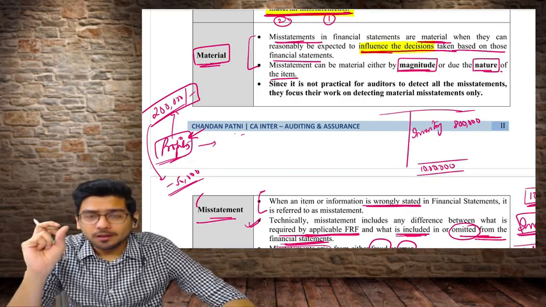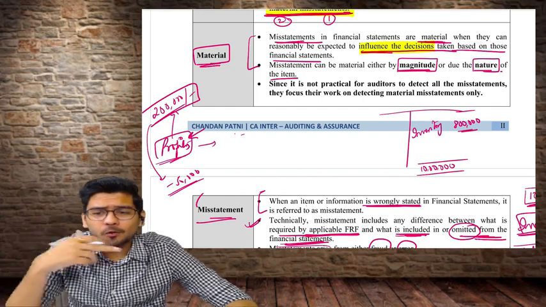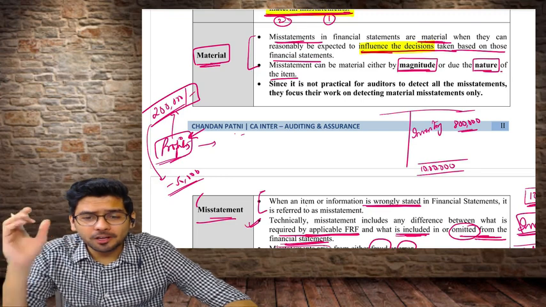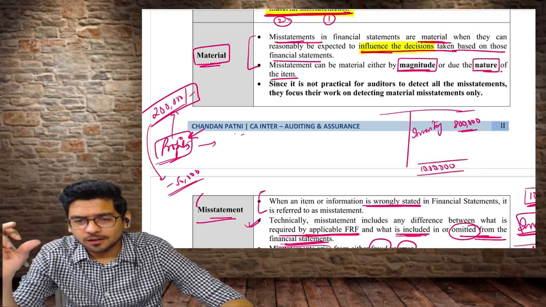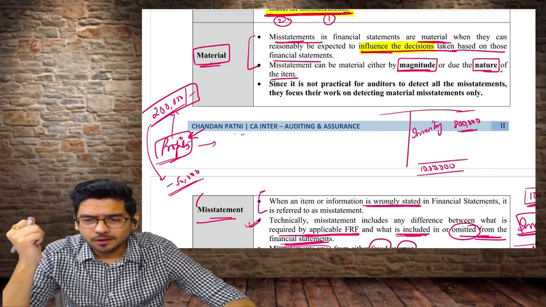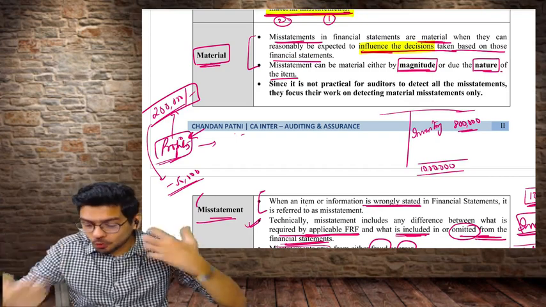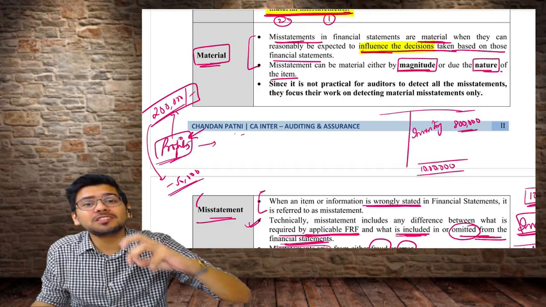Don't you think this inventory item is material? Is it of high significance? What is the reason? Because this inventory constitutes 80% of the total assets. So this is something which is really very significant here.